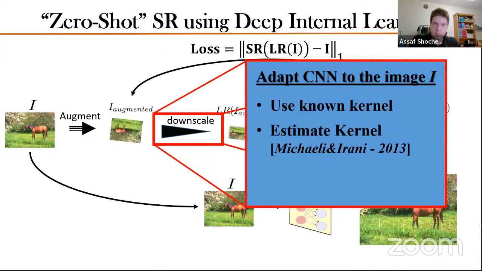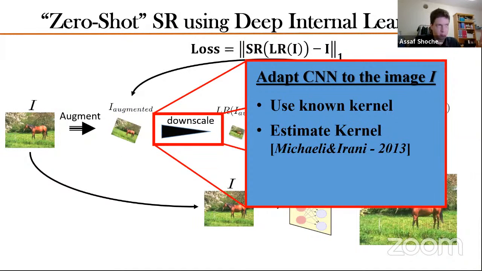And this is also based on internal learning, just not deep internal learning. So back in 2018, this is the method that we used. We can estimate the kernel of the image and then use this estimation of the kernel as an input and use it to downscale.